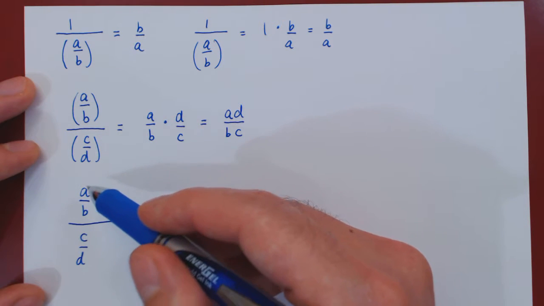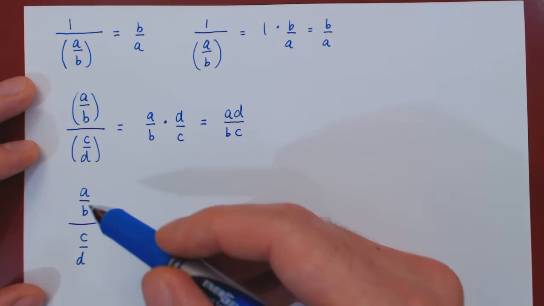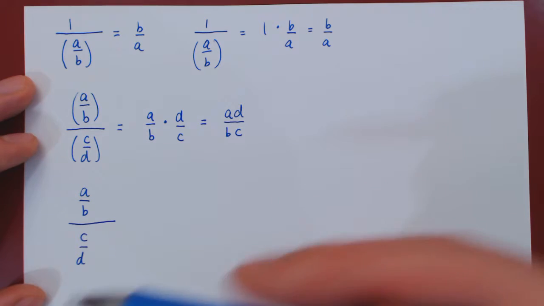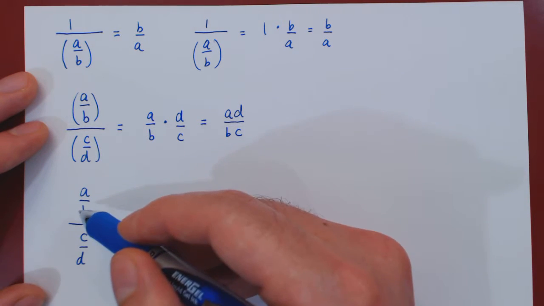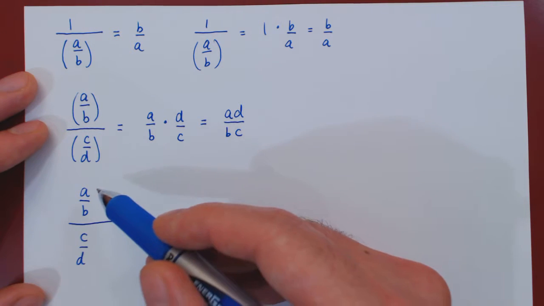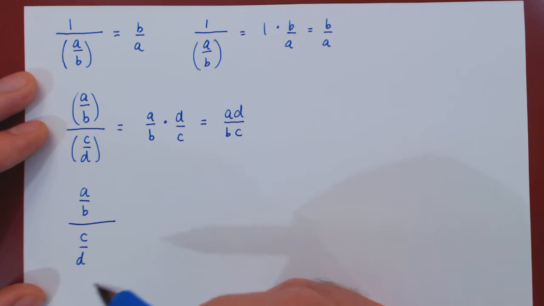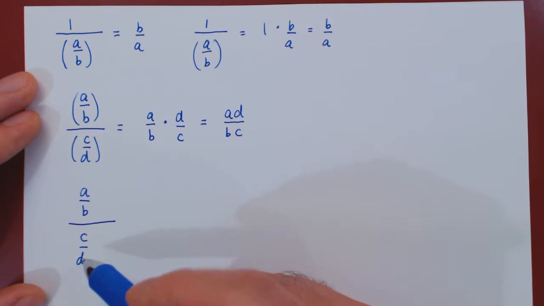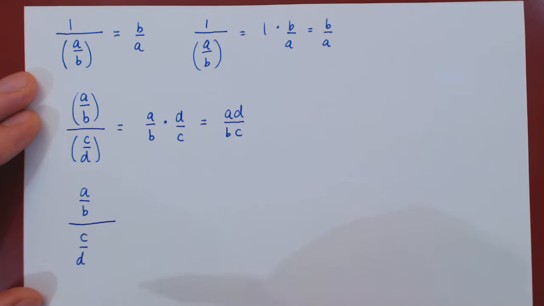So if you think about both fractions geometrically, right? The first fraction, again, thinking of starting with a circle, we are dividing up the circle now into b parts of equal size, and we are taking a of those parts. In this fraction, we are dividing up the same circle into now d parts of equal size and taking c of those parts.